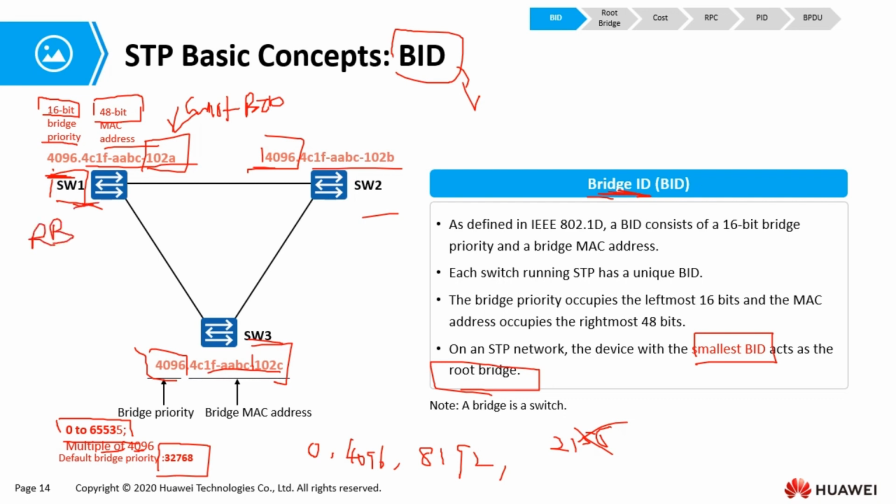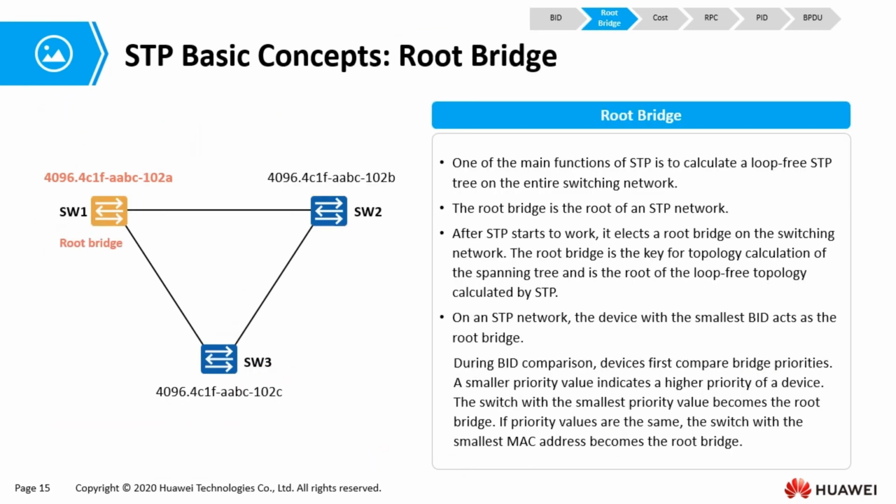Okay, the next thing we are going to understand is the responsibility of the root bridge. Just now we said how we select the root bridge: we base it on the bridge ID, the BID. What is the bridge ID? It is based on your bridge priority and also the MAC address.